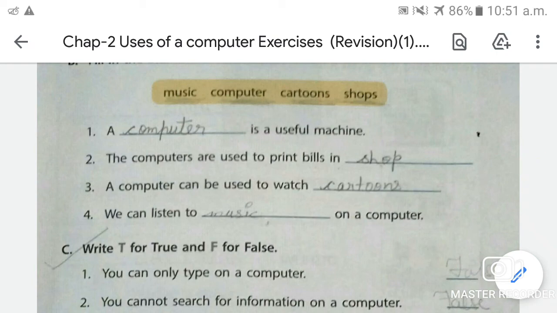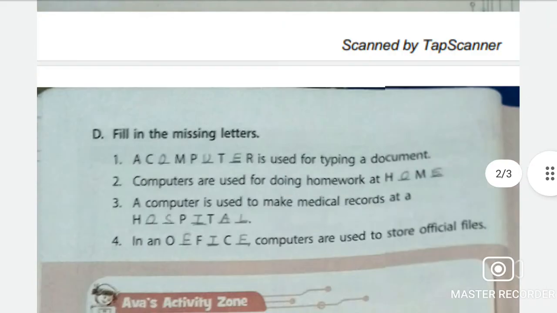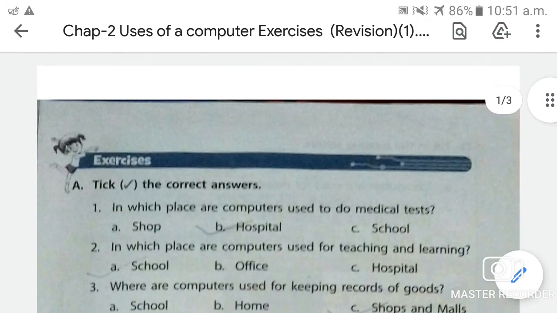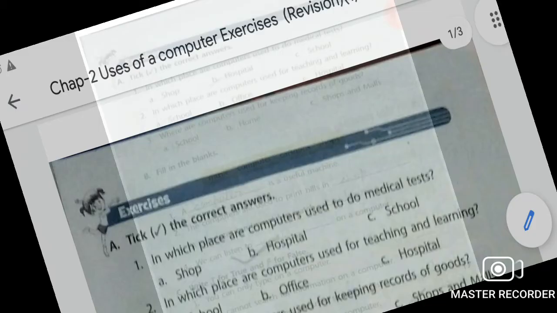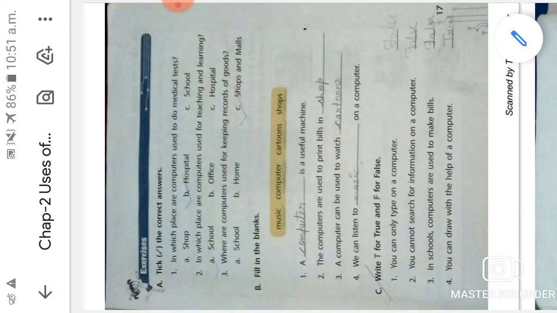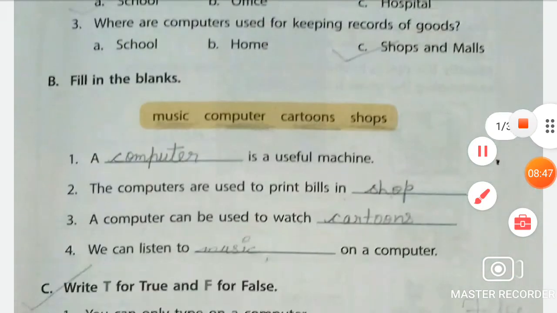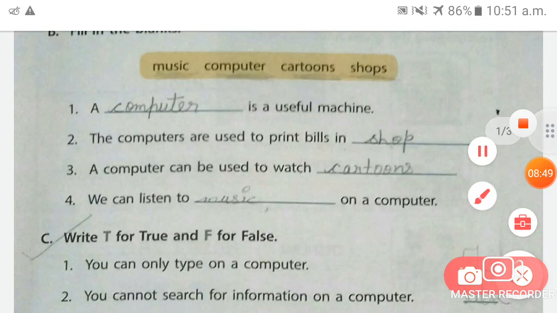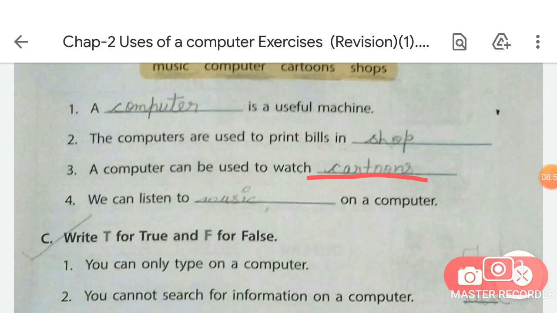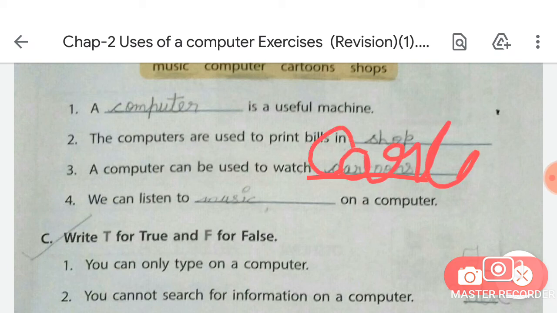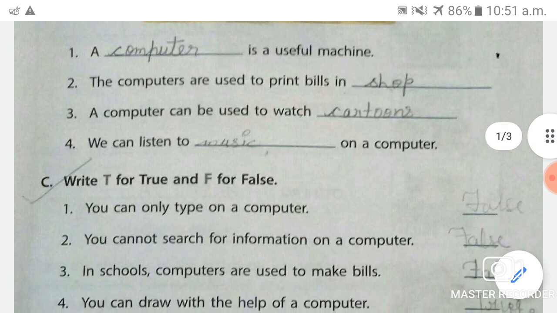Write cartoon over here. The spelling of cartoon is C-A-R-T-O-O-N, cartoon. Very good.